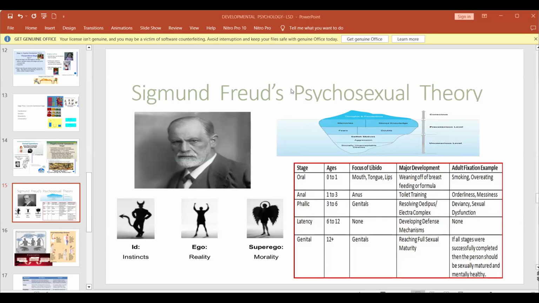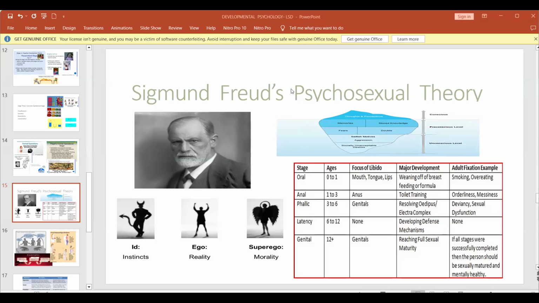The first one, the parts of the mind. The second thing is the parts of the personality. And the third one is the stages of psychosexual development. So we are going to discuss it. Are you ready? Very good.